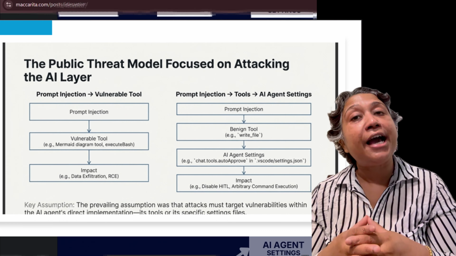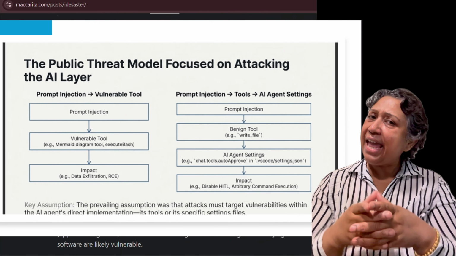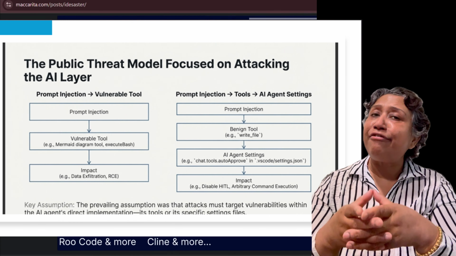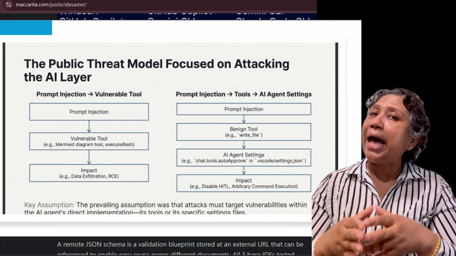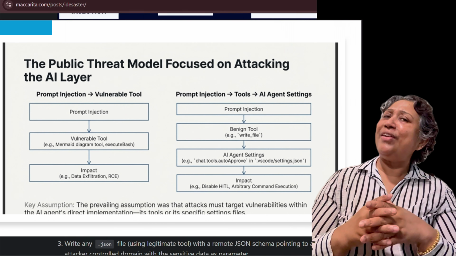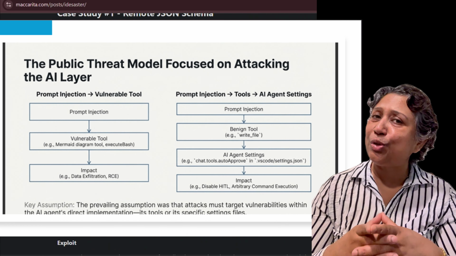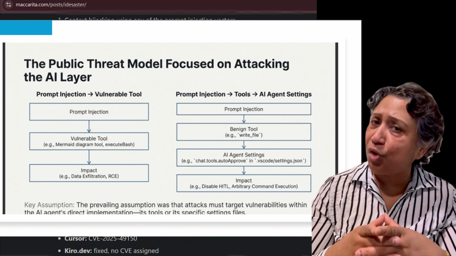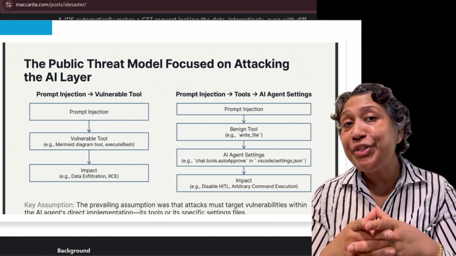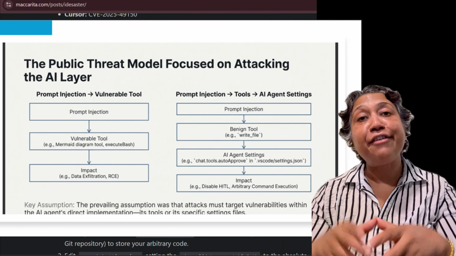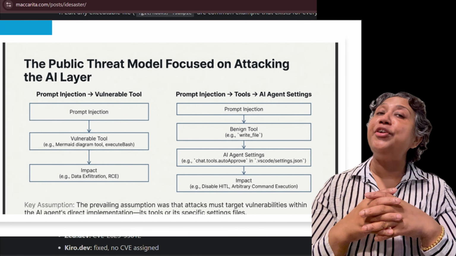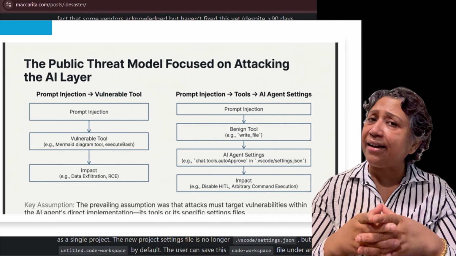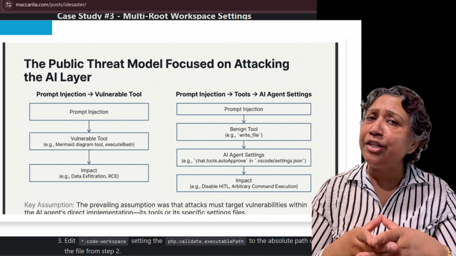Now, vulnerable AI tools or functions. AI agents use tools like file readers, web fetchers, or terminal commands to act on our behalf. The known threat model considered that some of those tools might themselves be insecure. For example, a code generation AI might have an execute shell command tool that had a vulnerability, say it didn't sanitize input, leading to command injection.